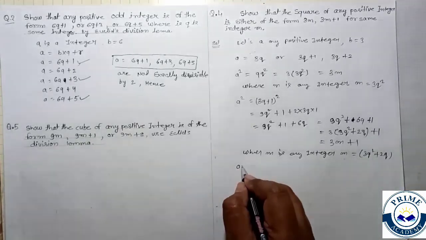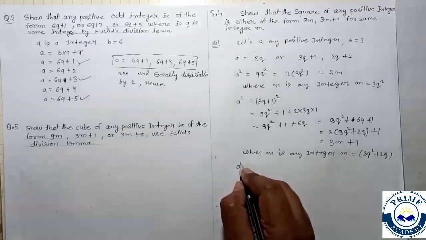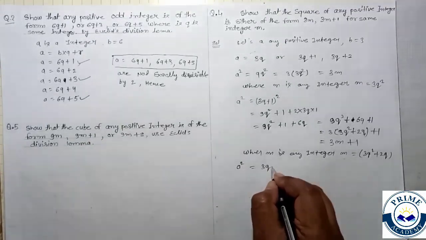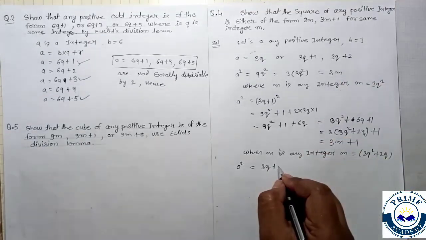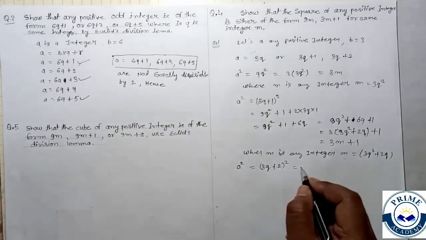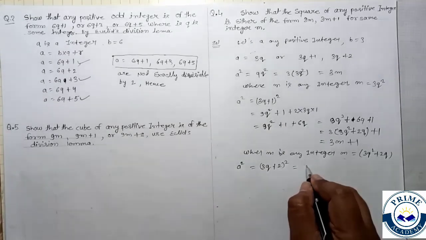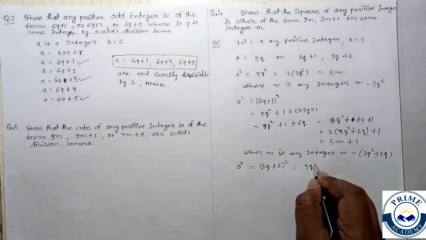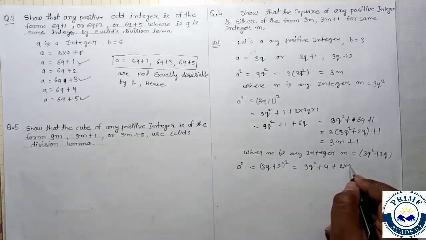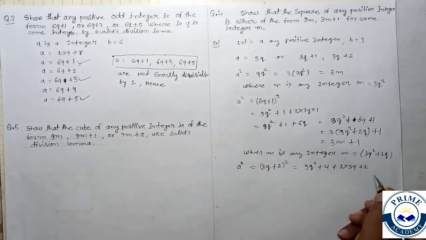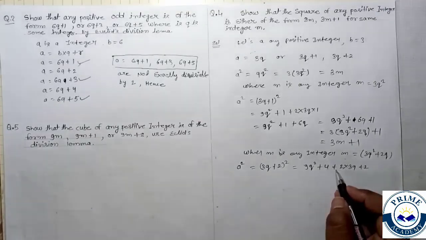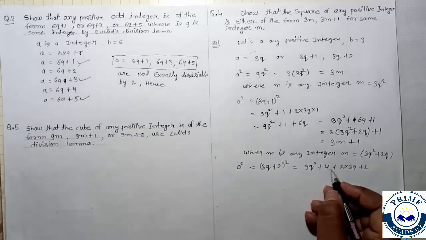Now next one, a square will be 3q plus 2 whole square. What will you get? That is 9q square plus 4 plus 2ab, that is 2 into 3q into 2, using a square plus b square plus 2ab.